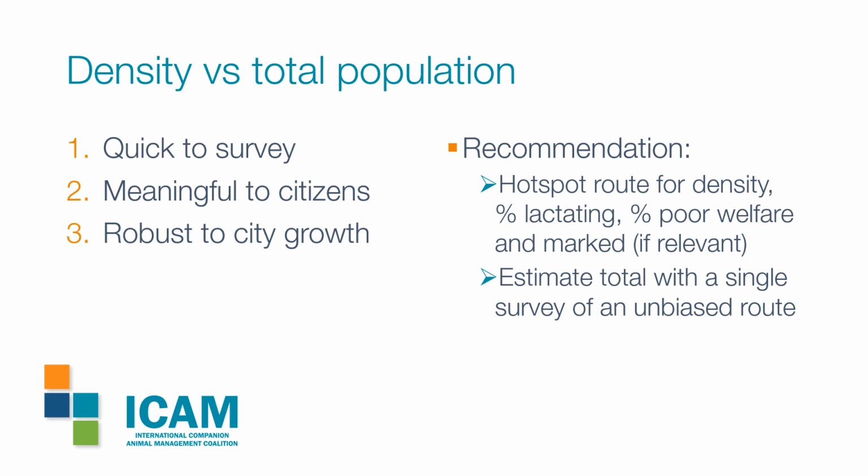Be sure that when you quote this number, you state that this is an estimate of the total dog population roaming on public streets at the time of the survey. It's not the total population of dogs that ever roam. You can consider this a minimum estimate. You know you have at least this many roaming dogs in your project area. This may feel a little frustrating to not have a really good estimate of that magic number, but it is a low-cost way of achieving an objective best estimate.